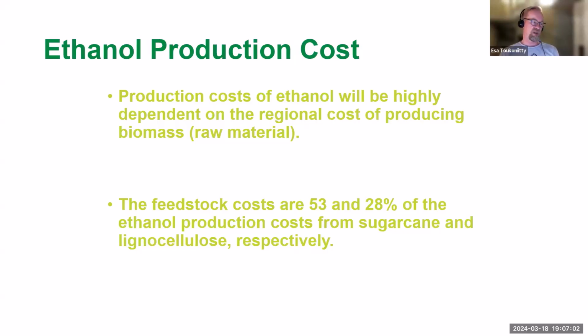It was mentioned in the previous slide set that the pre-treatment step might be the most expensive one in lignocellulosic material. Here are some numbers: the feedstock, the actual biomass cost, can be like half or 1/3 of the ethanol production cost, depending on the starting material.